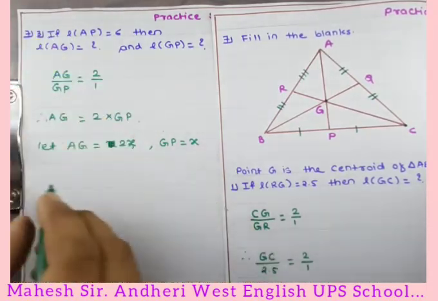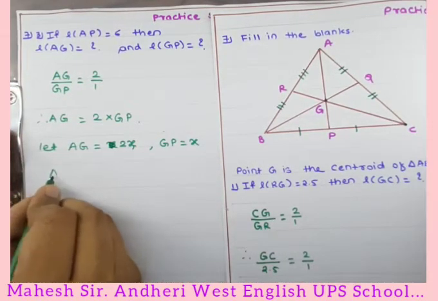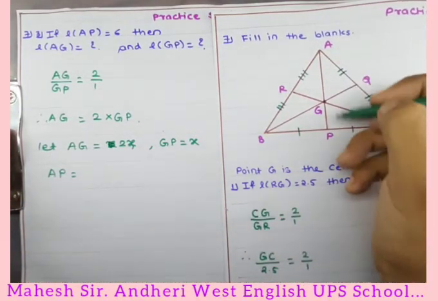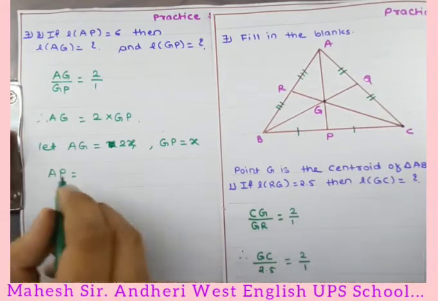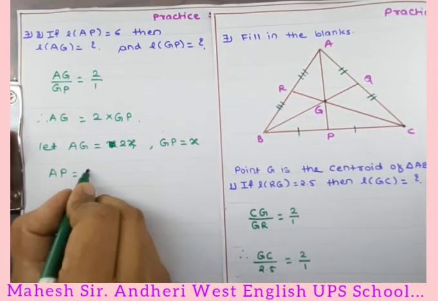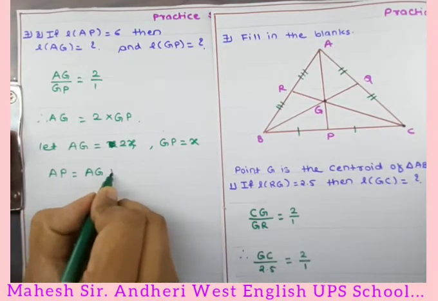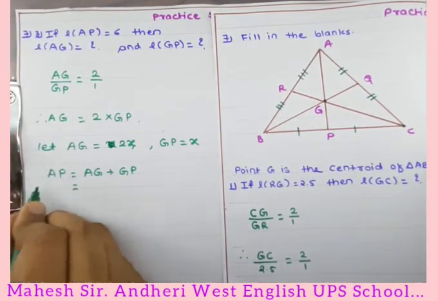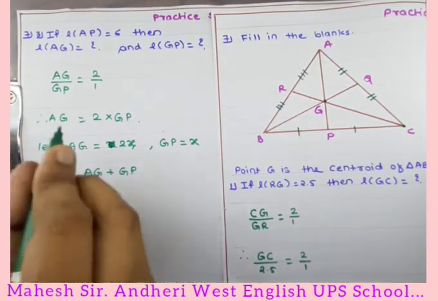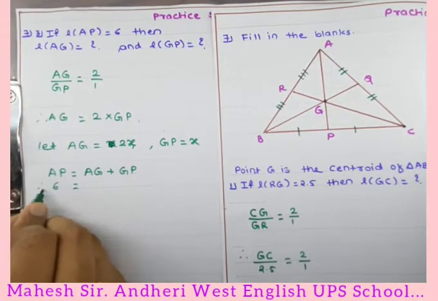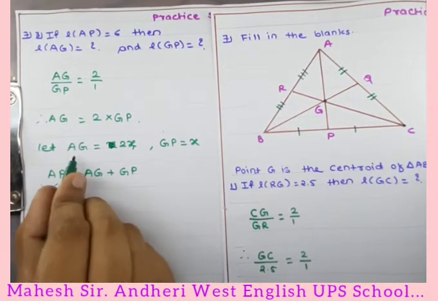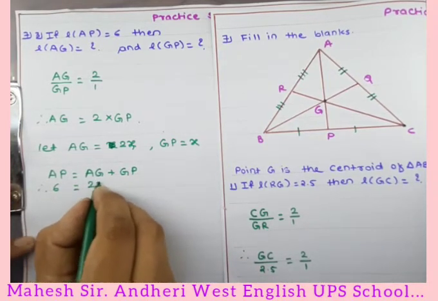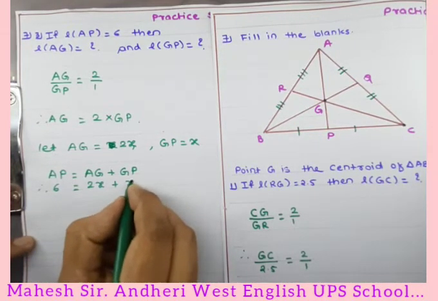And we know that AP is nothing but AG plus GP, so I will write that AP is equal to AG plus GP. They have given the value of AP, that is 6, so I will write 6 is equal to AG. Just now we have mentioned that AG is 2x and GP is 1x.